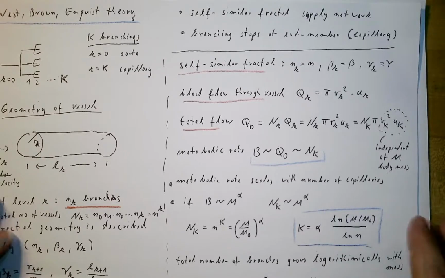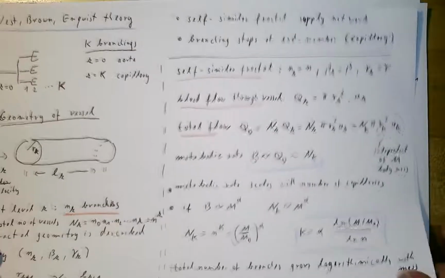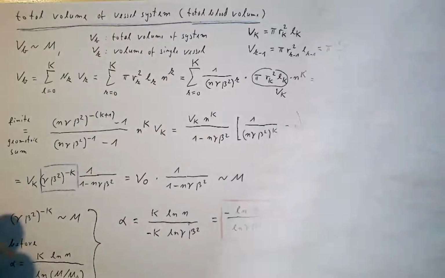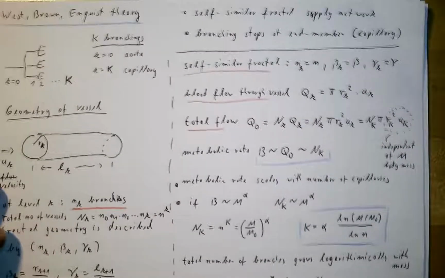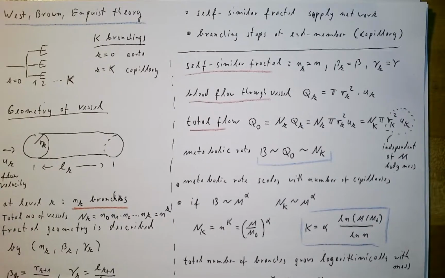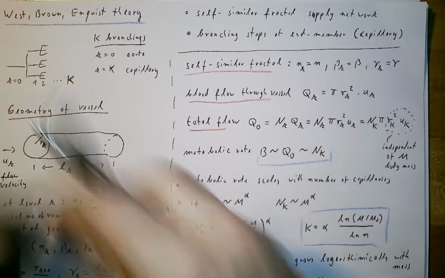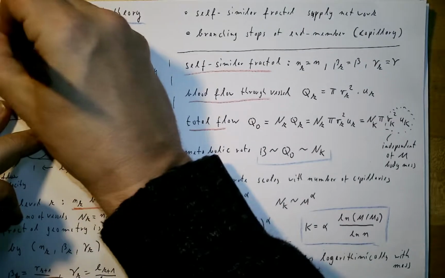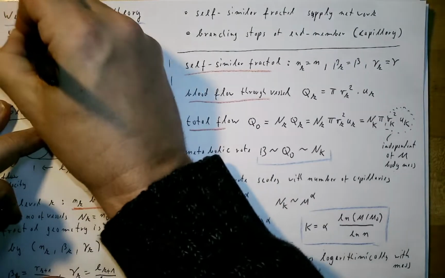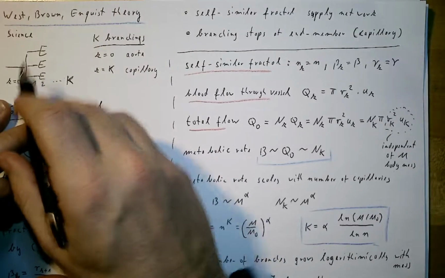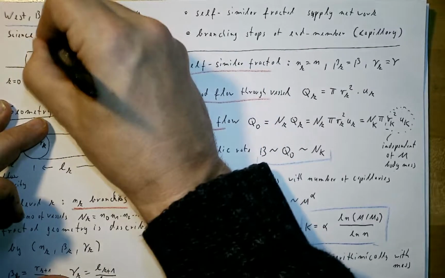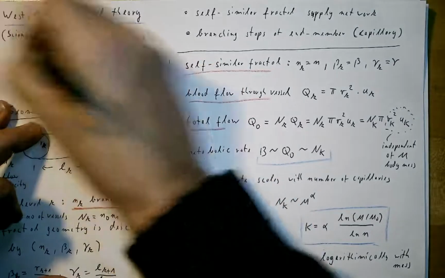And if you were able to follow this, then congratulations. That's not the most simple calculation, and this is all in a Nature Science paper by these authors in 1997.